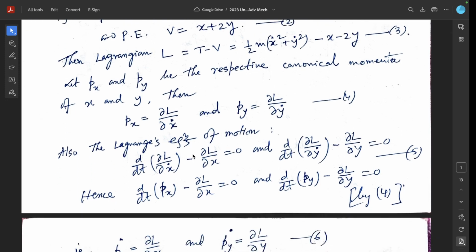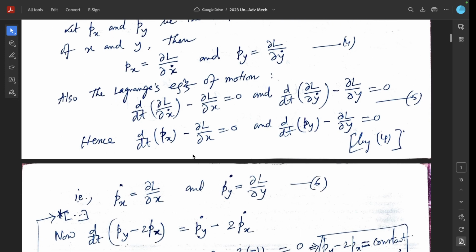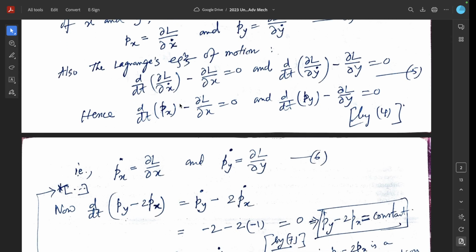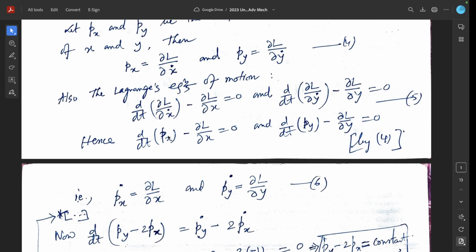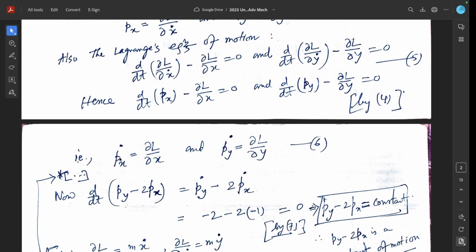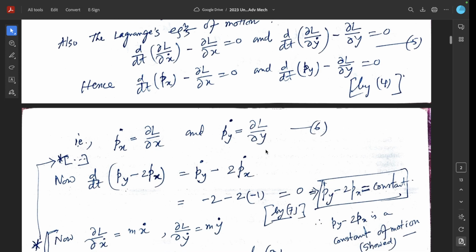Also, Lagrange's equations of motion: d/dt of del L by del x dot minus del L by del x equals 0, and d/dt of del L by del y dot minus del L by del y equals 0. Hence, by equation 4, px dot equals del L by del x and py dot equals del L by del y.